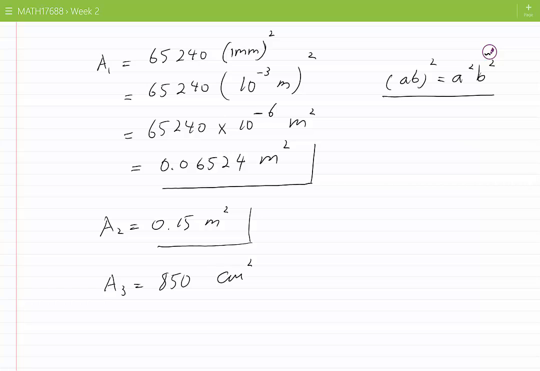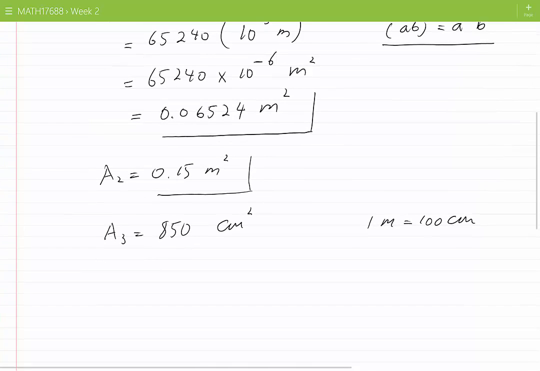I note that 1 meter is 100 centimeters. In other words, 1 centimeter is 10 to the power of minus 2 meters. And we could have also thought of this as the prefix centi, which means 10 to the minus 2.